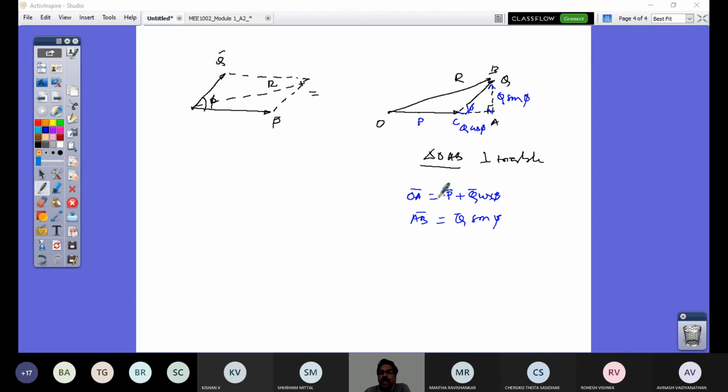Yeah. So now I have this, and I know this is the direction of my force. The direction of this force in our problem is alpha, which was 20 degrees. So in the right angle triangle, what is tan alpha?